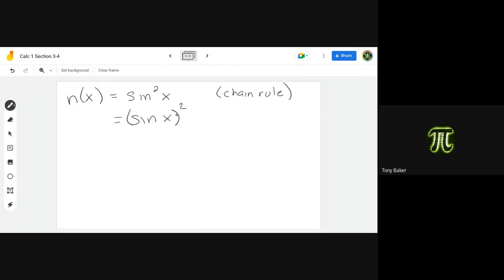So my inside piece is sine of x. What's the derivative of sine of x? Cosine x. What's the derivative of y squared? It'd be just 2y, right?